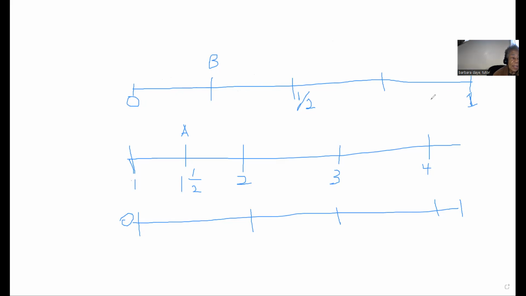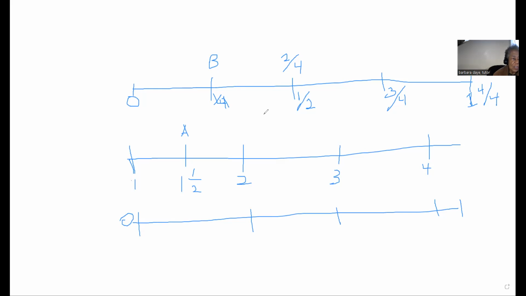That means each one of these represents a fourth. So that's 1/4. This is 1/2, the same as 2/4. This would be 3/4, and 1 is 4/4. Any number over itself is just equal to 1. So each one of these represents a fourth.